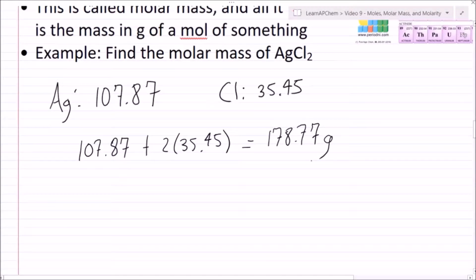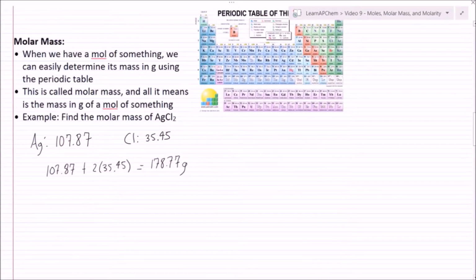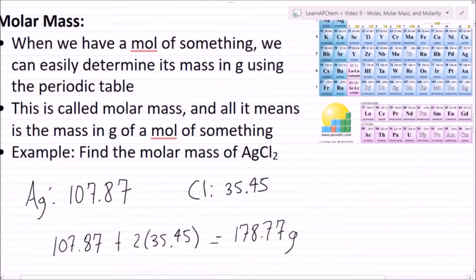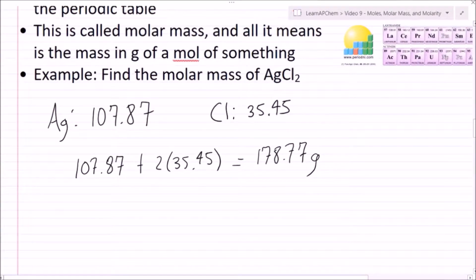So that's all you have to do to find molar mass. You find the atoms in the compound, here silver and chlorine, find their molar masses, and then add them all together. And if you have a subscript, you just multiply by that subscript.